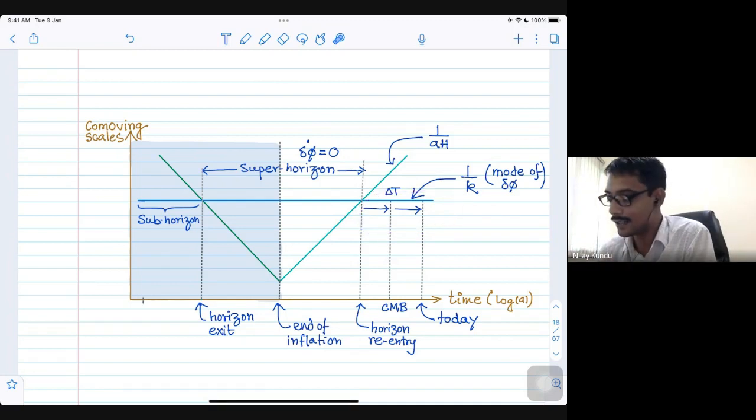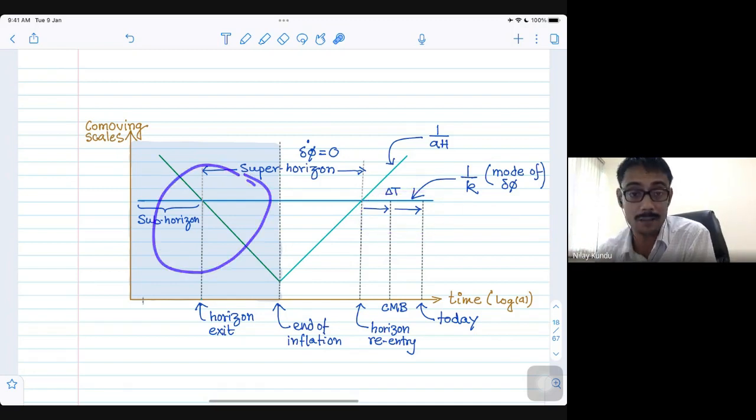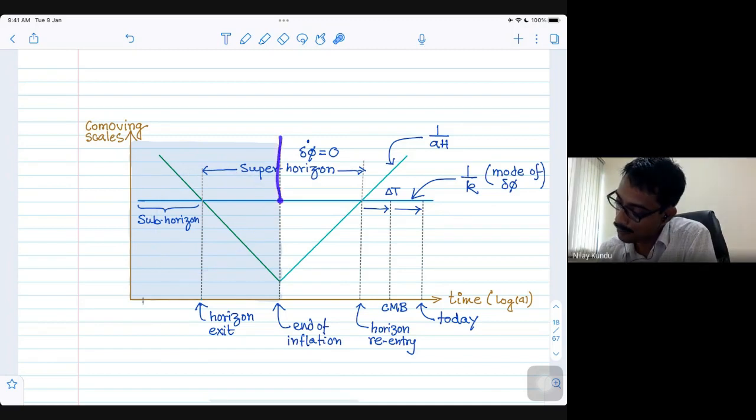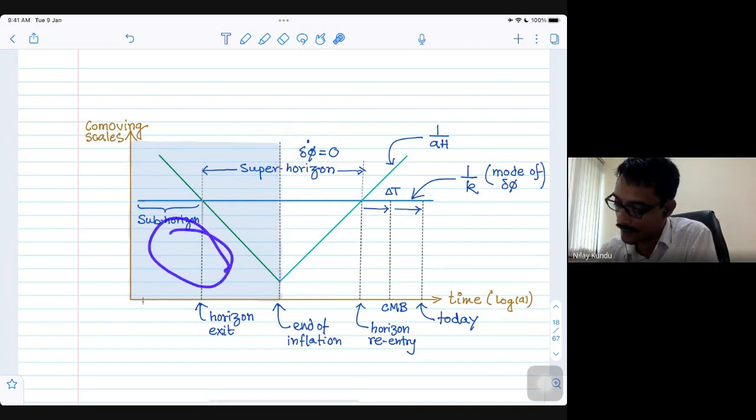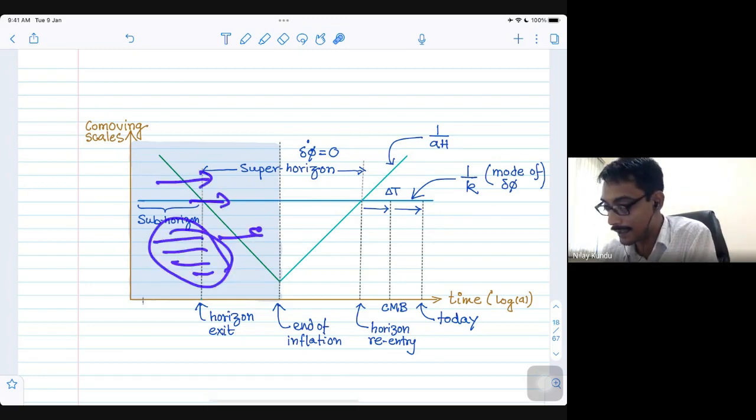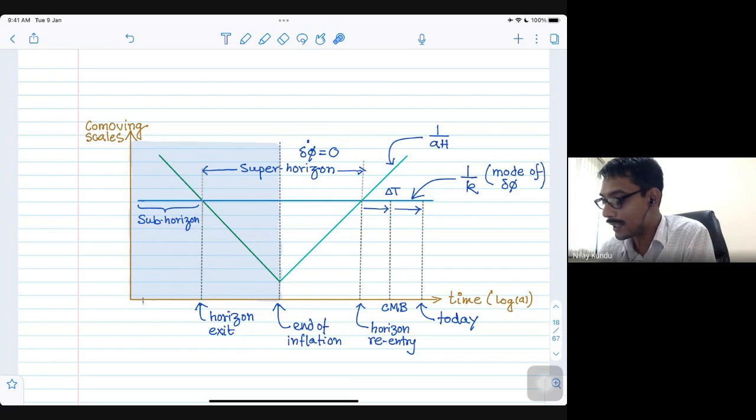So if we are interested in the physics of inflation, all that we know is the situation at this slice. For this delta phi mode, or whatever perturbations were here, whenever they crossed the horizon here or here or here, they get frozen and just come straight to the re-entry.